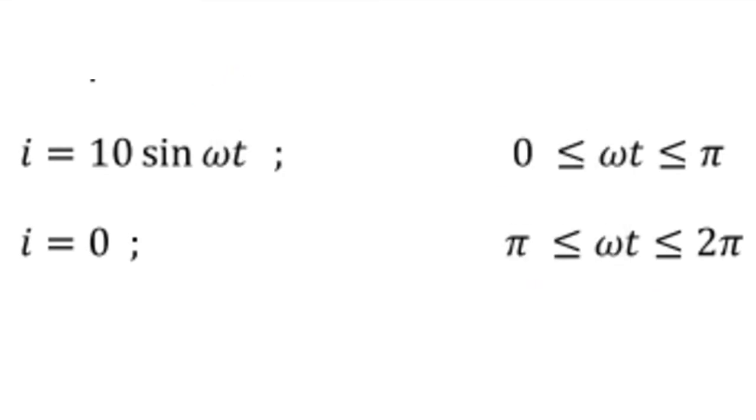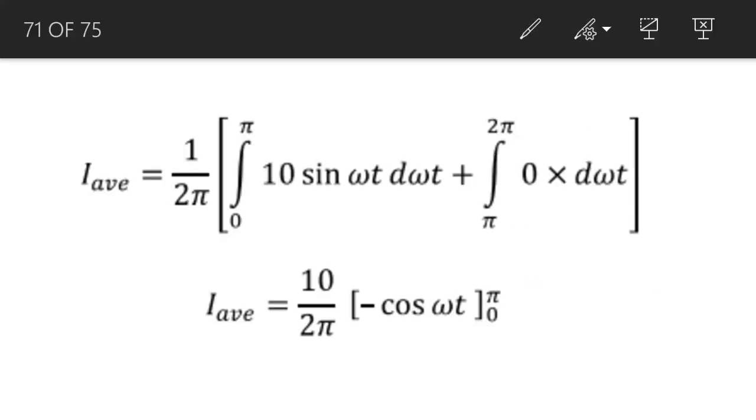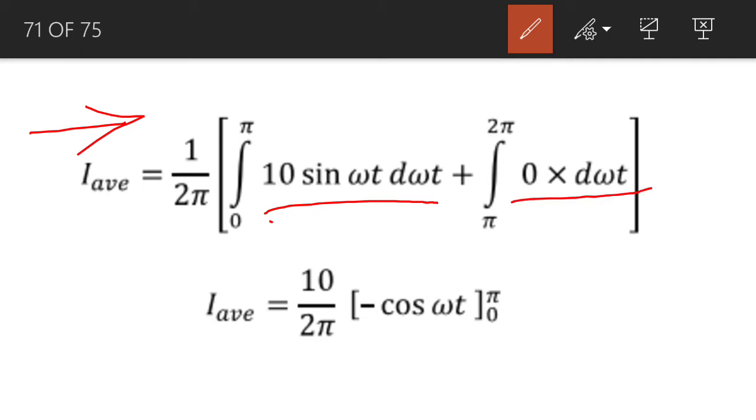So let us consider the average value of this time varying current. The average value will be equal to 1 over 2 pi. We consider the equation for the current from 0 to pi, and then we consider the equation for the current from pi to 2 pi, and you know that the equation for the current from pi to 2 pi is 0. So if we simplify this integration, the average value comes out to be 10 divided by 2 pi.